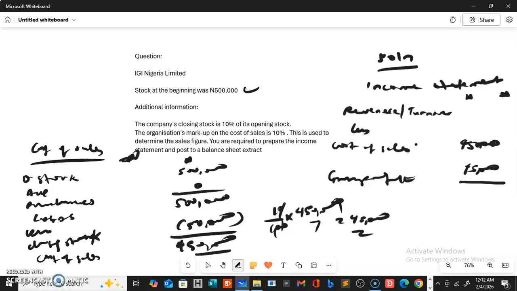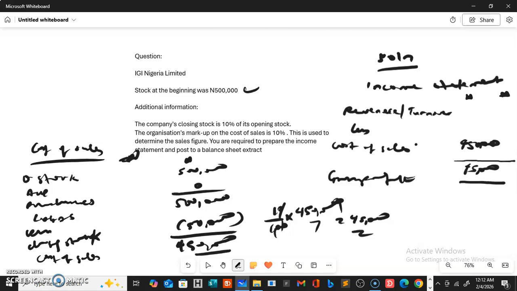So what will now be our sales? The addition of this and this should give us our revenue or sales. Gross profit is 45,000 from here.